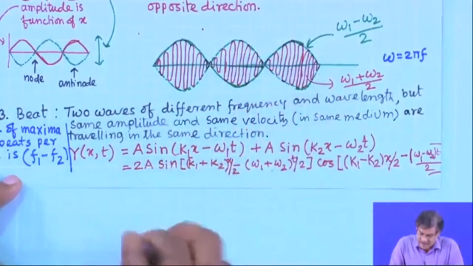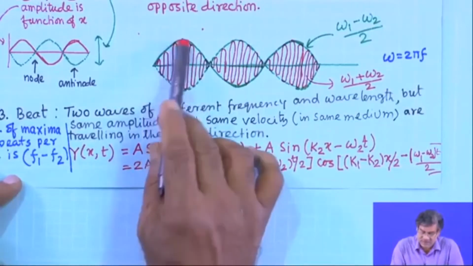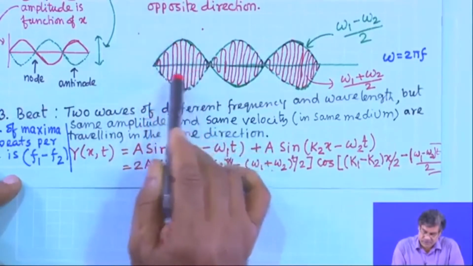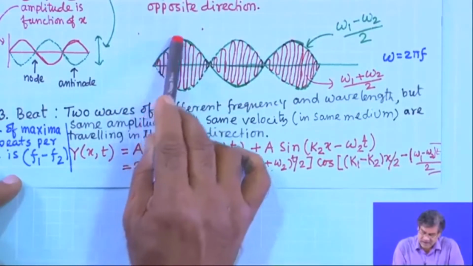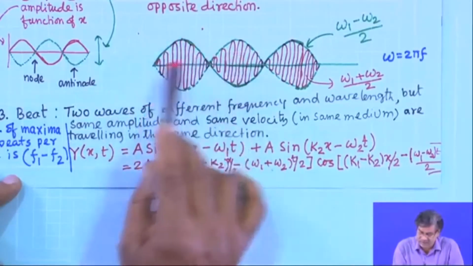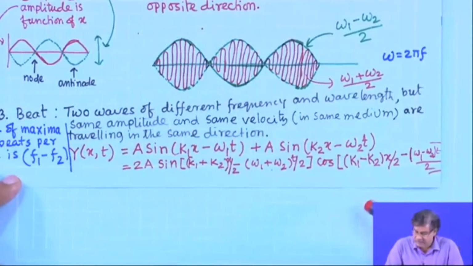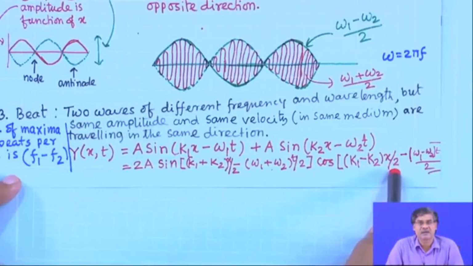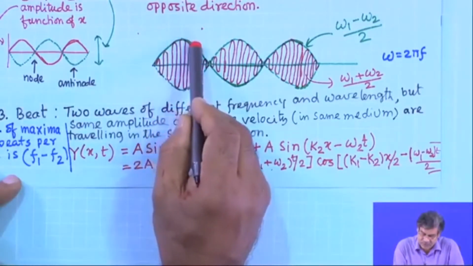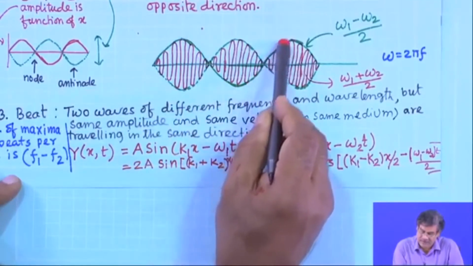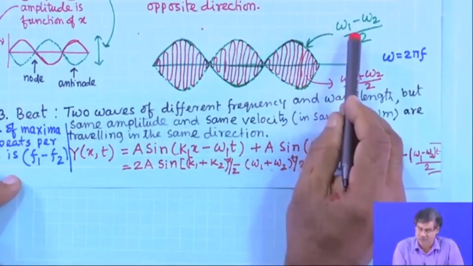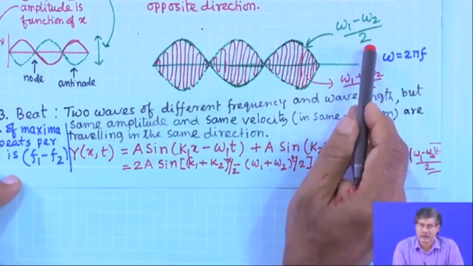Its amplitude is not constant. The variation of this amplitude depends on the other term, the other periodicity, which is basically (omega1 minus omega2)/2.